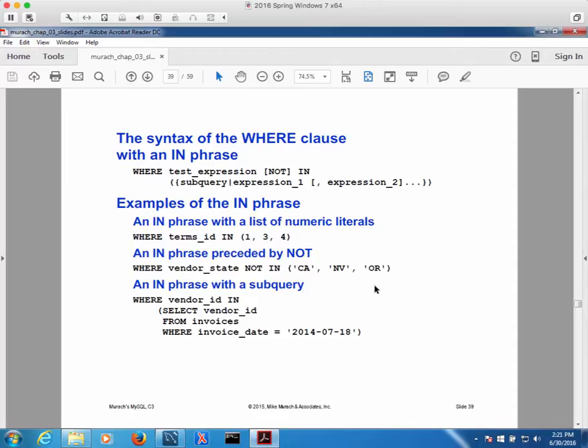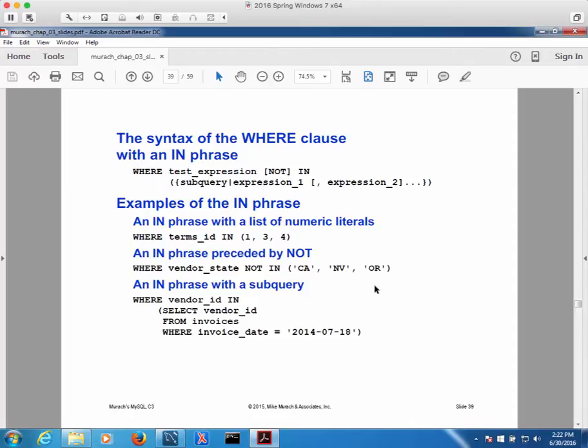We can say that we want something to be in a list or not in a list. So the first example here, where terms ID in 1, 3, 4. So if it's 1 or 3 or 4, it's going to pass.